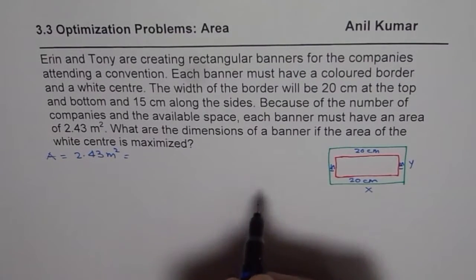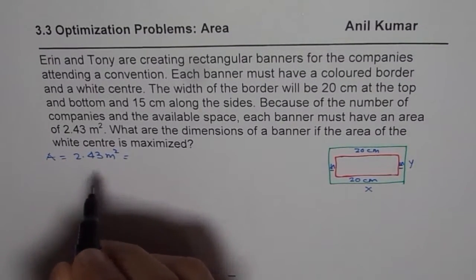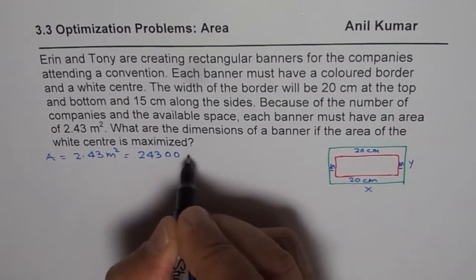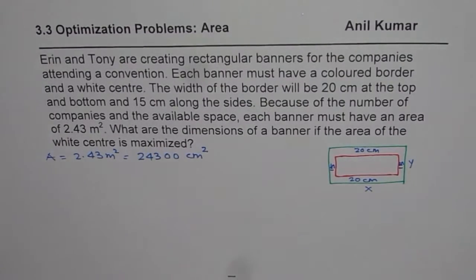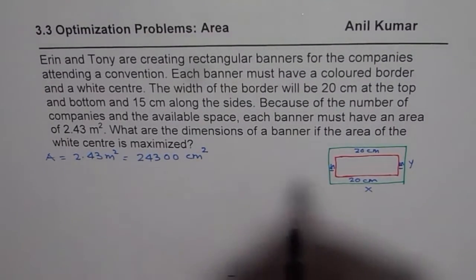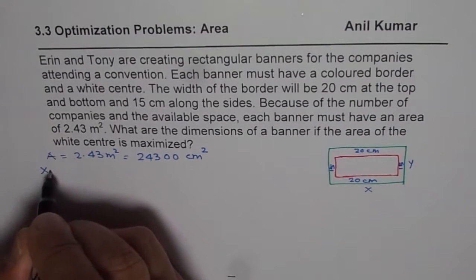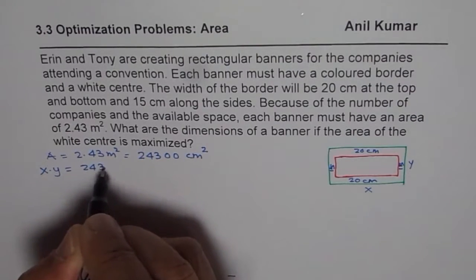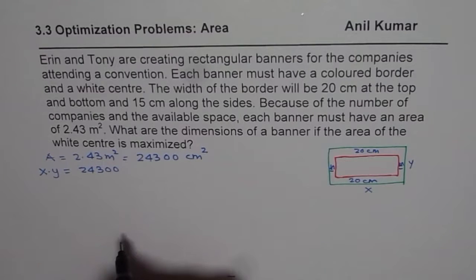You should convert that to centimeters squared, so multiply by 100 and then by 100. So we get 24,300 centimeters squared. As you know, area is x times y, so x times y is equal to 24,300. And that will help you to relate one variable in terms of the other, right?